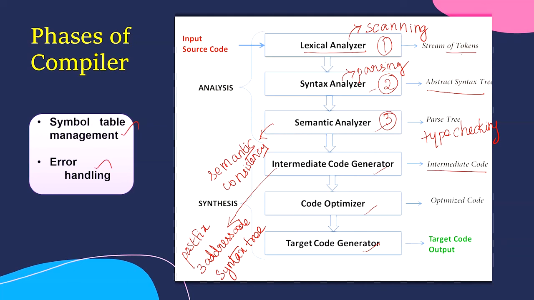Code optimization. Code optimization gets the intermediate code as an input and produces the optimized code as an output. Why do we need optimized code? For making the machine run faster, we need optimized code.